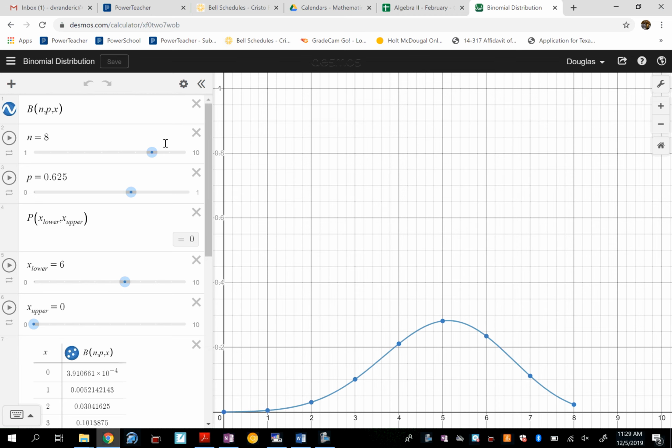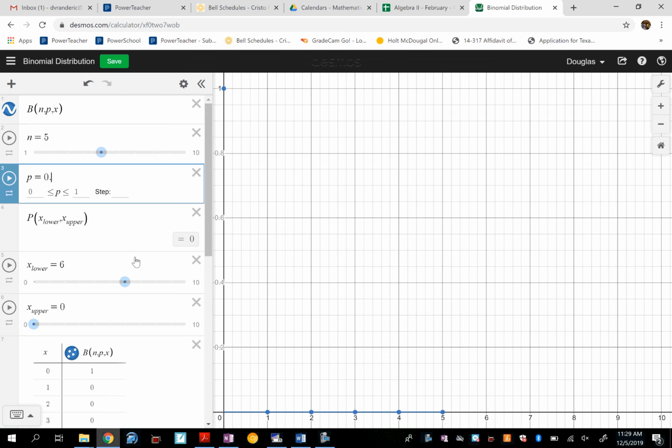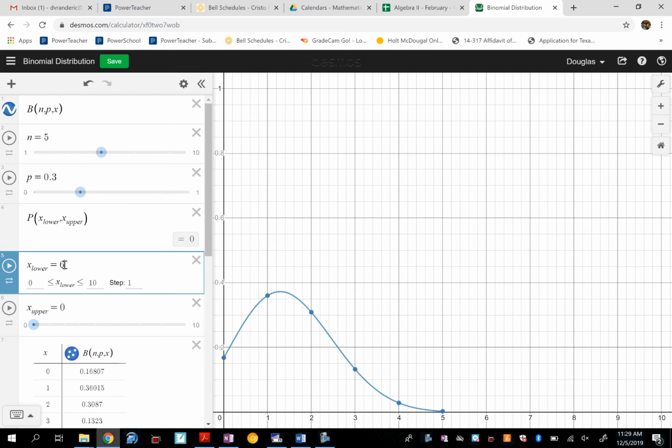Okay, real quick, 30 seconds. How many total M&Ms are we looking at? 5. See where it says N? Change N to 5. Okay? Does everyone see P? What is our probability of success? 0.3. Change that to 0.3. What is our lowest number here that we're looking at for number of successes?